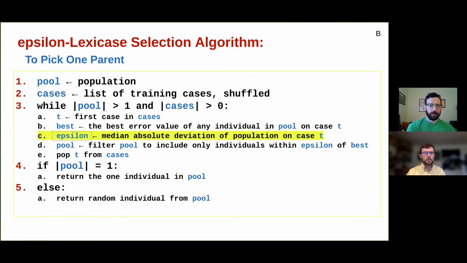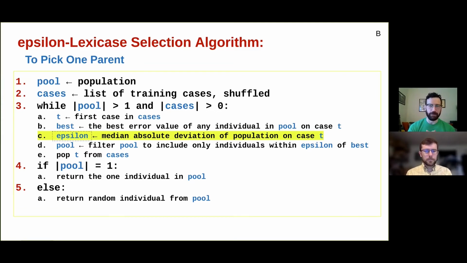What we're doing in this line, which is 3C within the while loop, is calculating an epsilon that's based on that specific case and the population behavior on that case. What we discovered is that using the median absolute deviation of the population's behavior on that case works pretty well as a definition of epsilon.